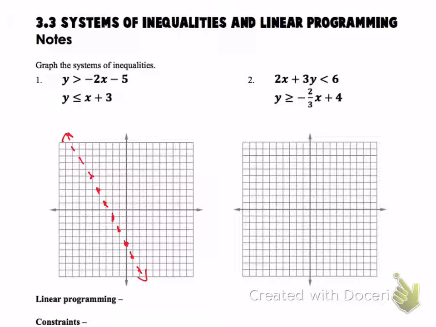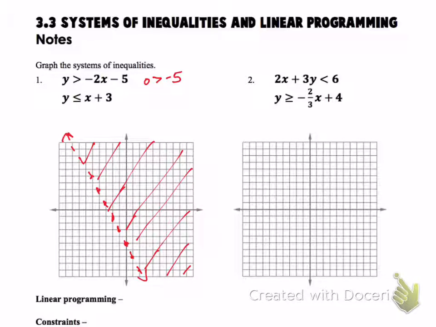And so if it's a greater than, I can do the 0, 0 test. It would be 0 is greater than negative 5. That's true. So that means I'm going to shade to the right. And I just do like a light shading for that one because I'm going to have to do a dark shading here in a minute.